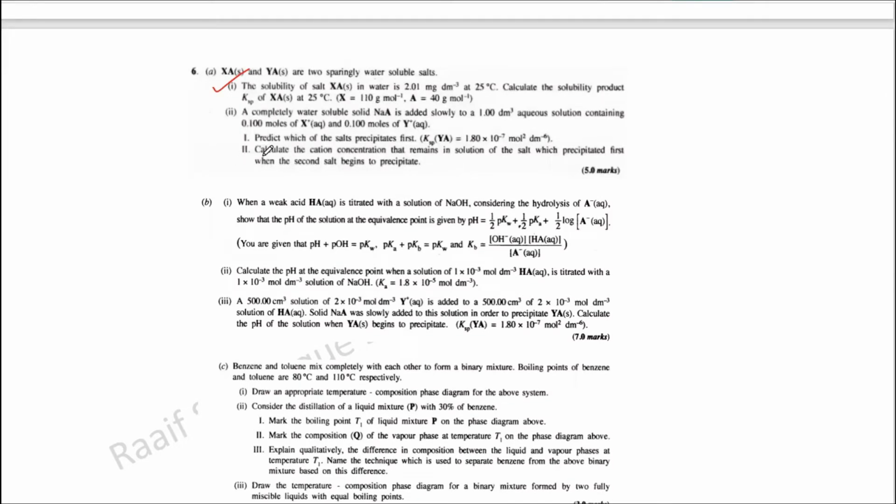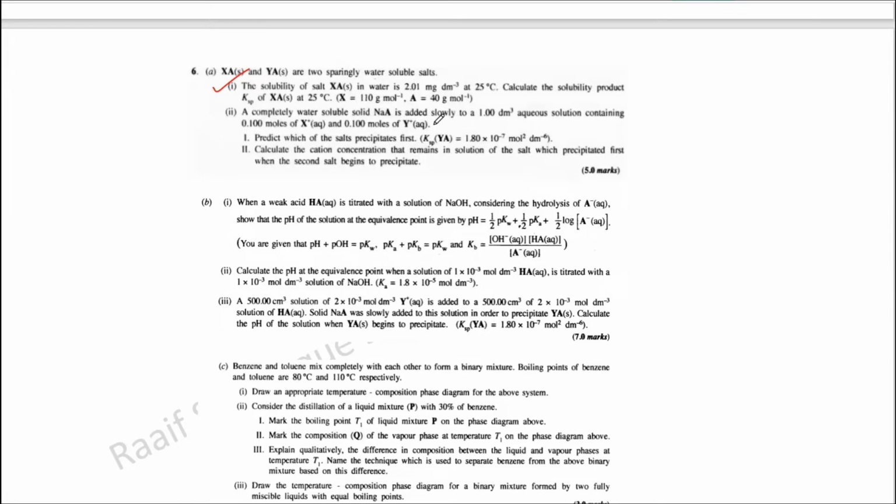Then this says a different story. A completely water soluble solid NaA is added slowly to a 1 decimeter cubed aqueous solution containing 0.1 moles of X plus and 0.1 moles of Y plus.